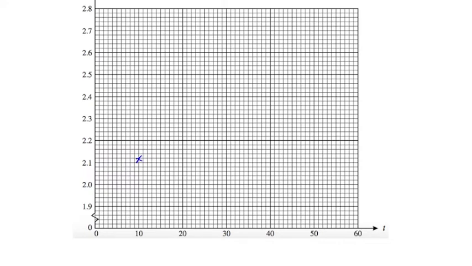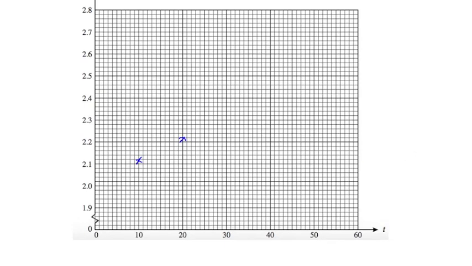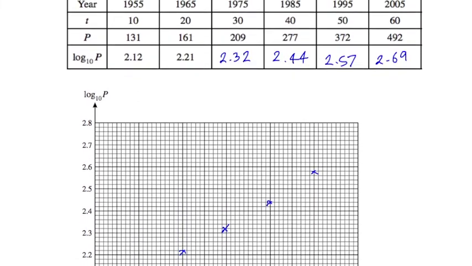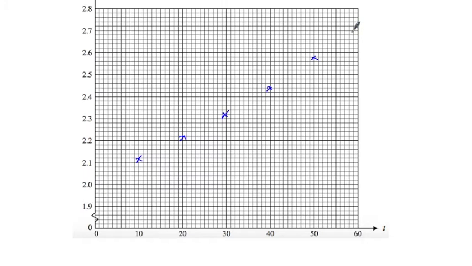So that's going to be there. 22.21, so that's going to be about there. 32.32, which is about there. 42.44, 52.57, and finally 62.69, which is about there. So you can see you get a relatively straight line.